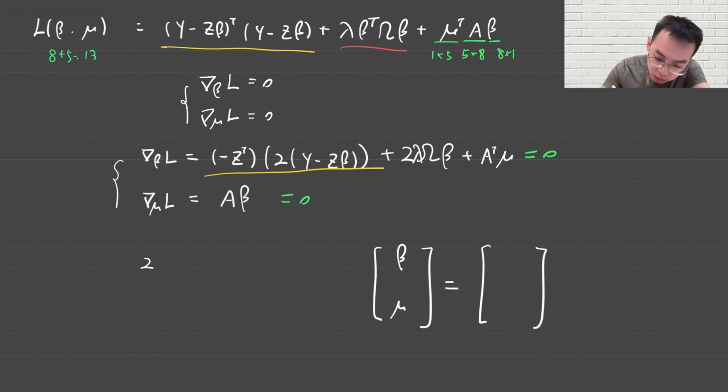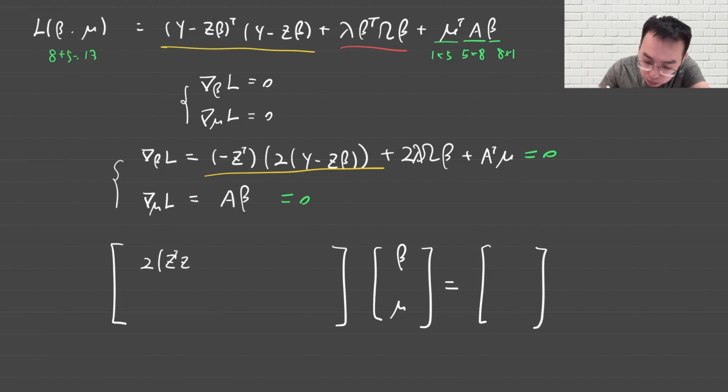So this is going to be 2 times Z transpose Z plus λ Ω, and then we have A transpose in here, right? And so that's going to give us the first condition, right? So this row times the column is going to give us the gradient with respect to β.